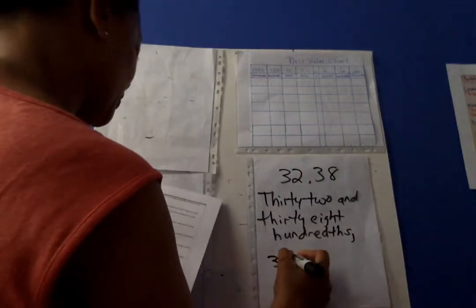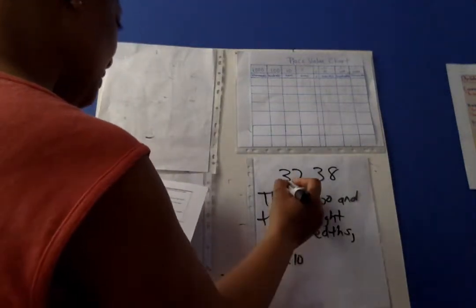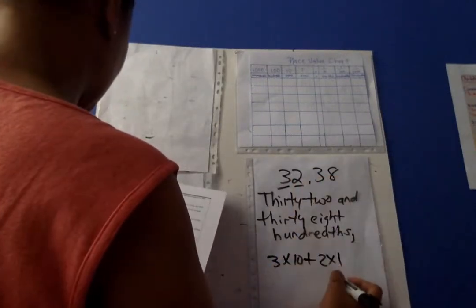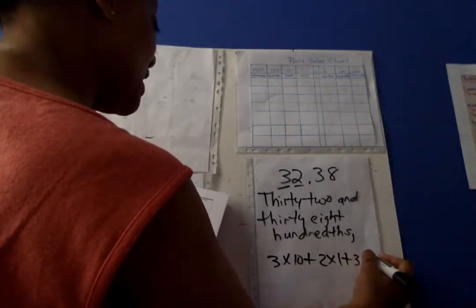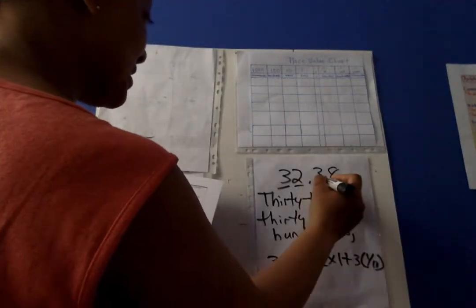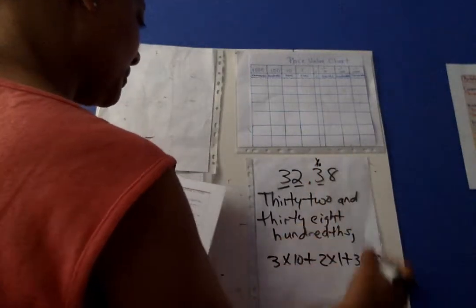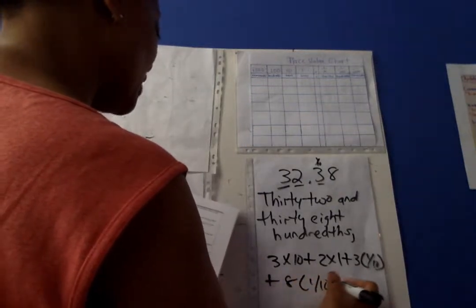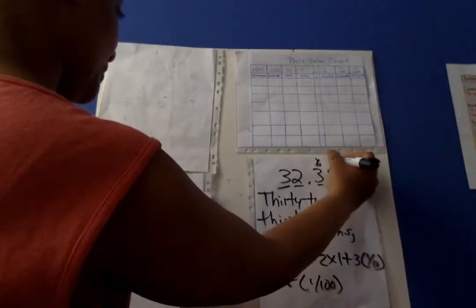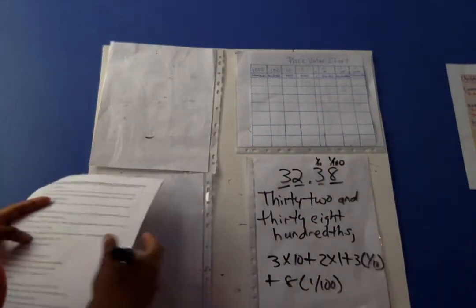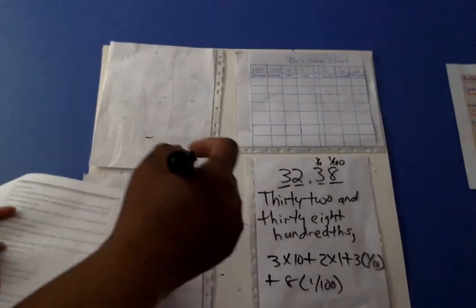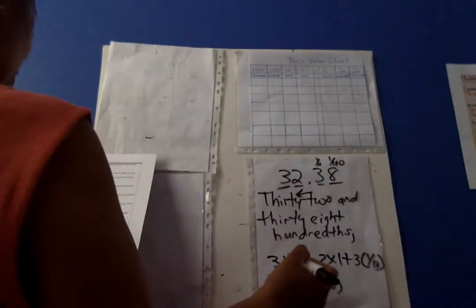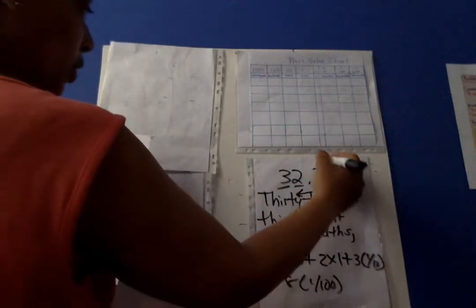Expanded form, 3 times 10 to show the tens place, plus 2 times 1 to show the ones place, plus 3 and 1/10, because now we're past the decimal, so now this is the 1/10 place, plus 8 and 1/100ths. Okay, remember, when you go to the left of the decimal, the number is larger. When you go to the right, it gets smaller, 1/10, 1/100th.